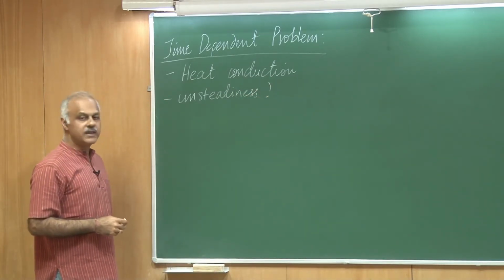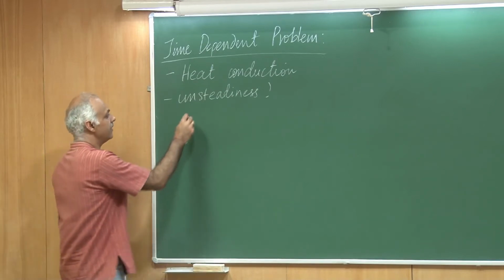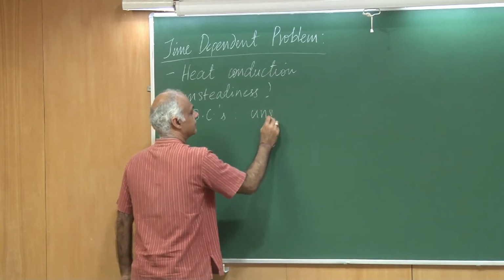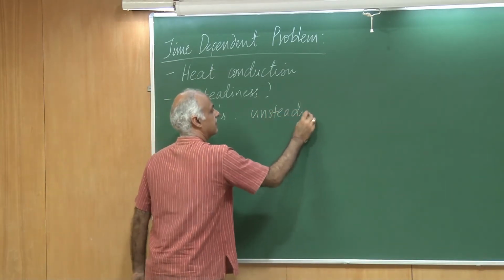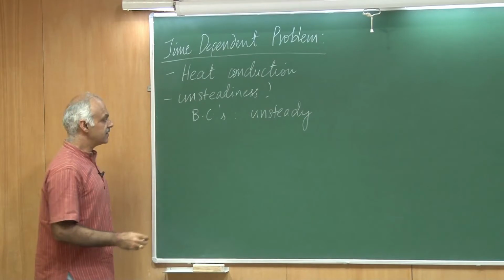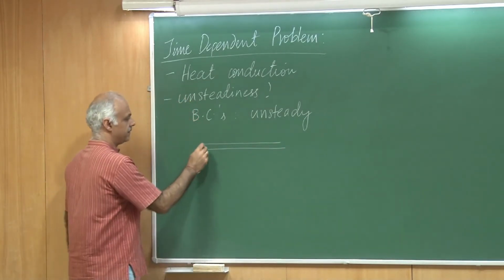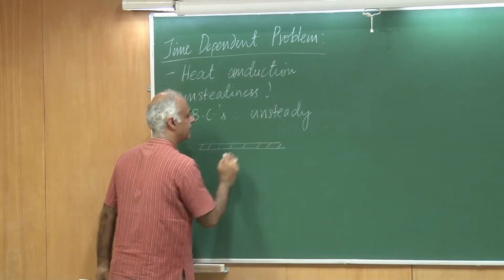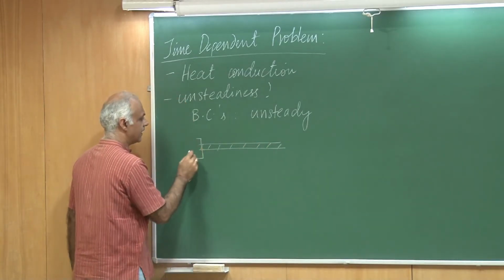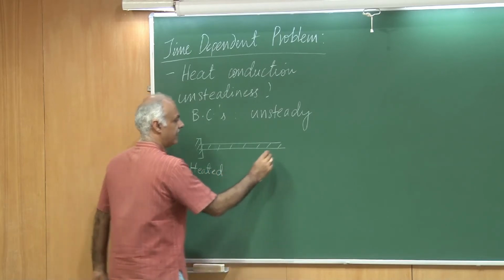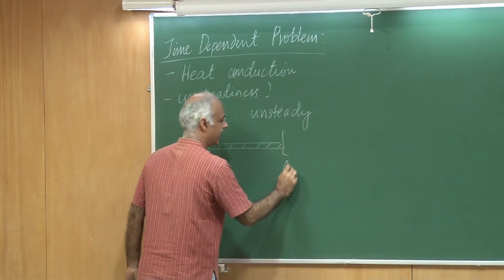I could have a situation where of course my boundary conditions are unsteady, in the sense that suppose I look at a one dimensional bar, and this is heated and this one is possibly adiabatic.